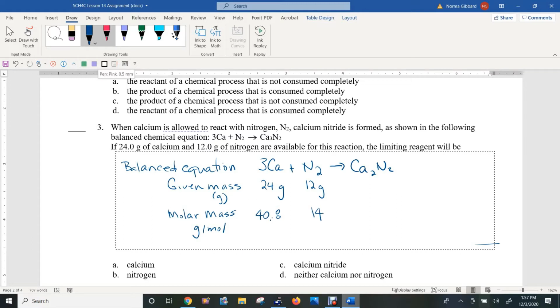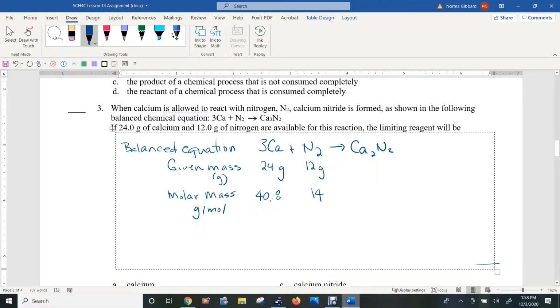Now the next step is to find the number of moles. For calcium, we take our given mass of 24 grams times 1 mole over 40.8 grams, and we work this out to be 0.588 mole.